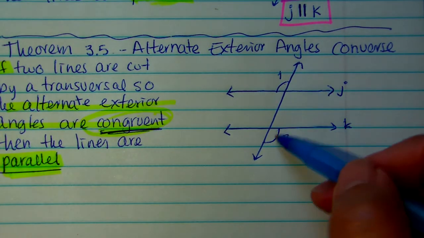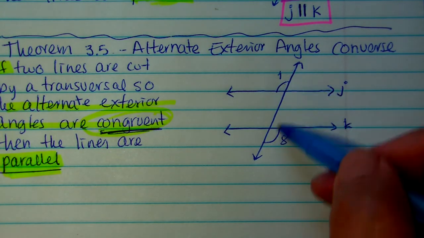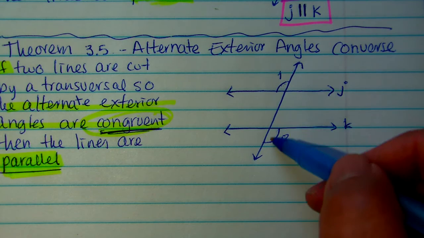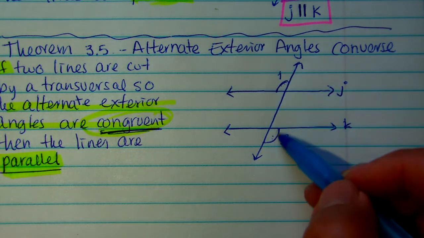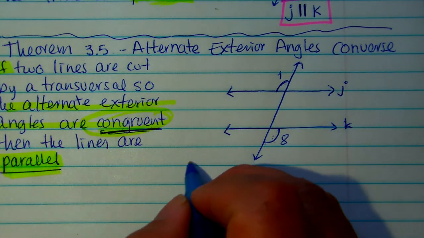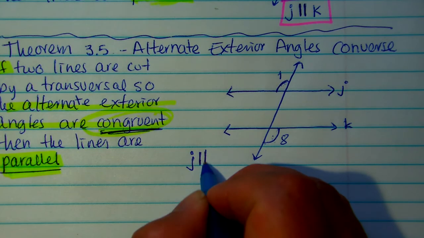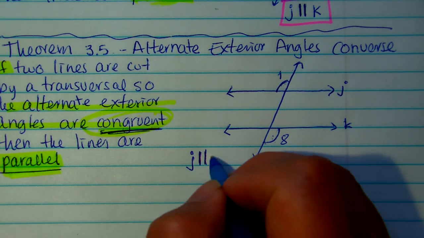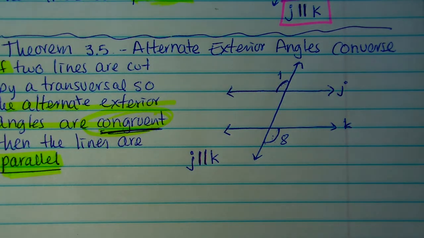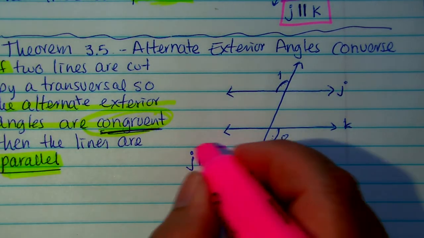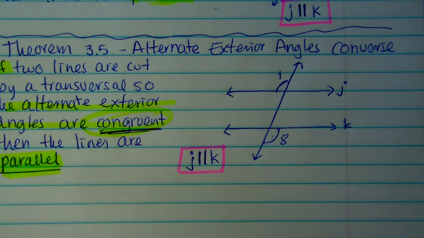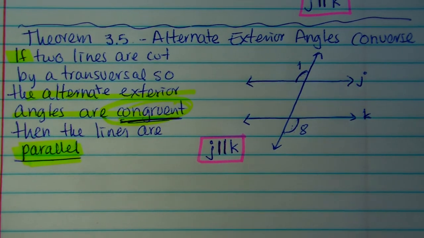So our two alternate exterior angles are congruent. They measure the same. They're being represented by one arc, one arc. So we say that line J is parallel to line K. Okay? That's theorem 3.5.